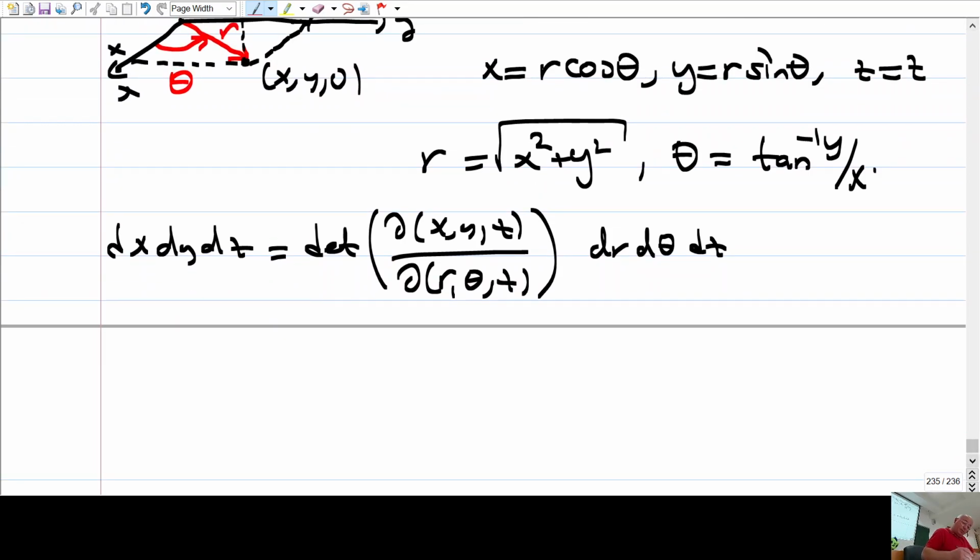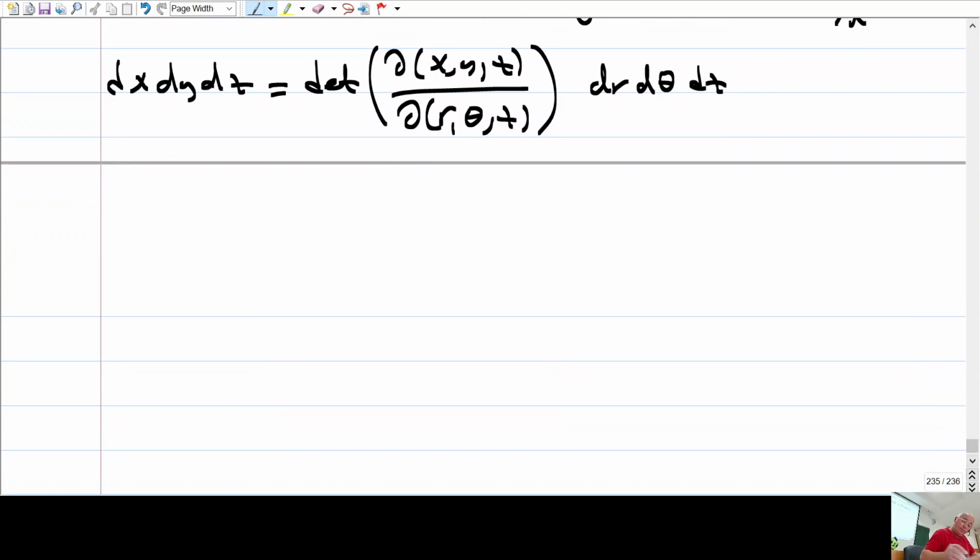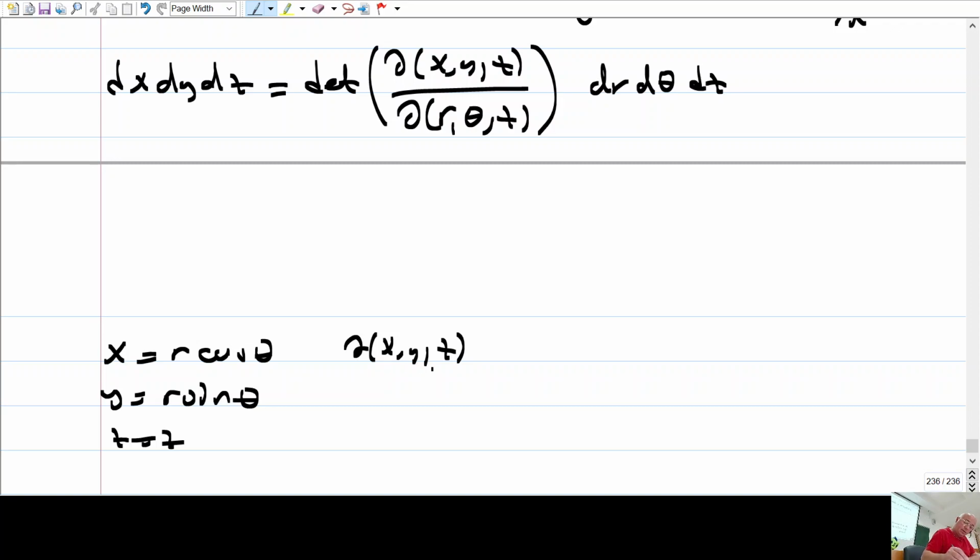Alright, so let's write that down. So x is r cos theta, y is r sine theta, z is z. So what is this determinant? Del x y z over del r theta z. So this matrix is this.